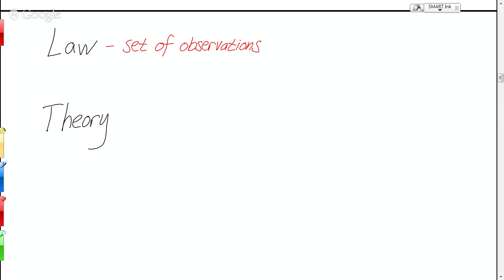So then a theory, as you mentioned, is how we might define a theory as the reasons behind the law, the reasons behind the observations.